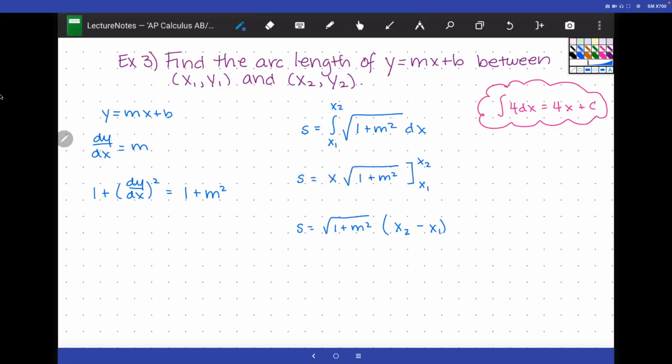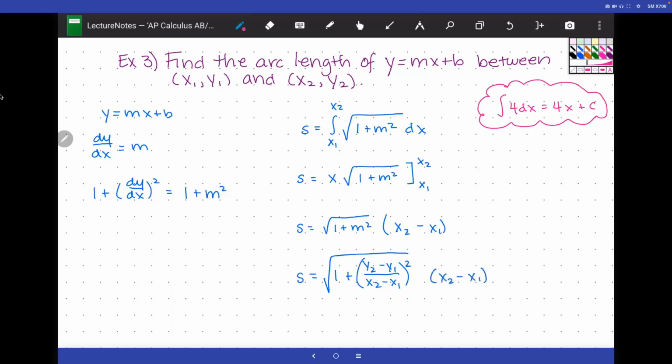So what if I rewrote m as y2 minus y1 over x2 minus x1. Now that's still squared and in a square root. Ooh, I just made this worse, didn't I? I'm going to do the opposite of that this time.